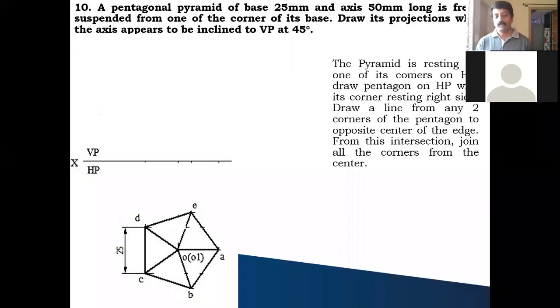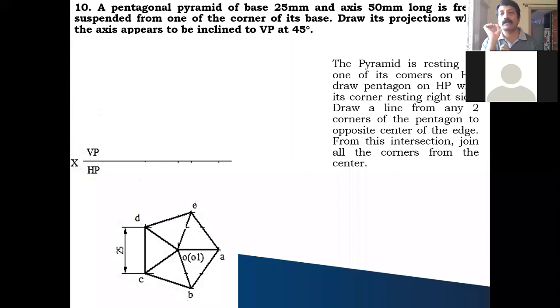So this is your pentagon pyramid, which has a 25 millimeter base and axis height 50 millimeter, and he says it is freely suspended from one of the corners of the base. How many corners do you have? The base has 5 corners, so it may be freely suspended from any one of the corners.